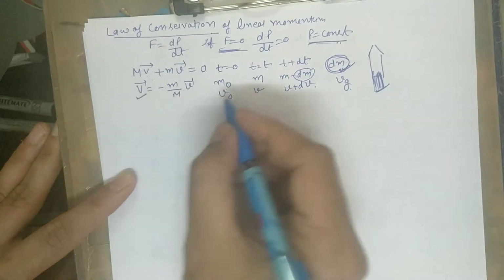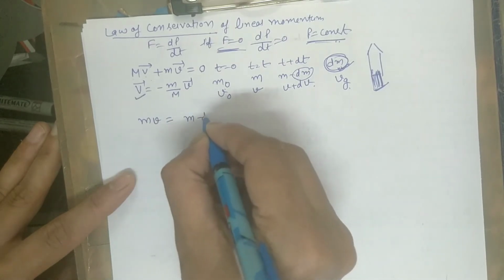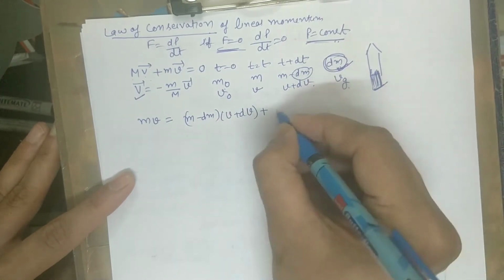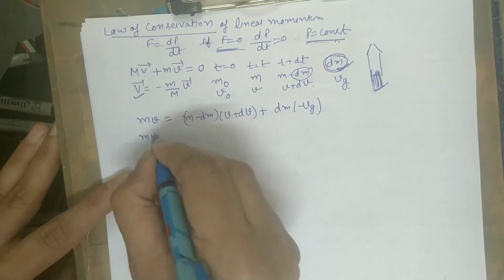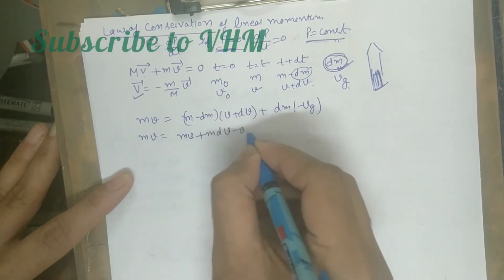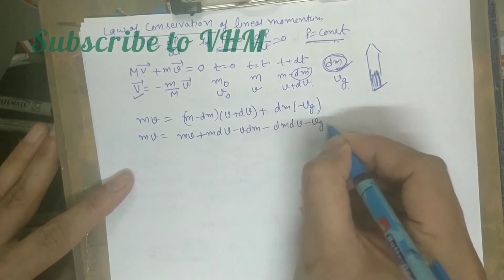By conservation of momentum, at any time the momentum is (m minus dm)(v plus dv) plus dm times (v minus vg), where vg is the exhaust velocity. This is mv plus m dv minus v dm minus dm dv minus vg dm.